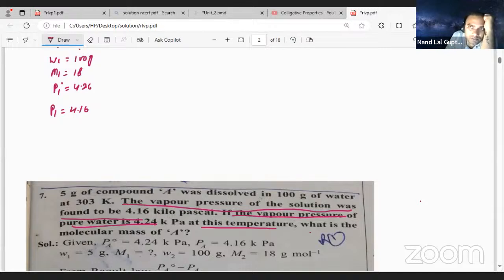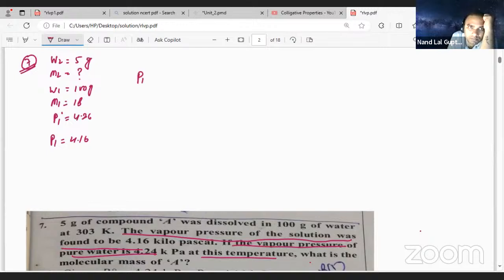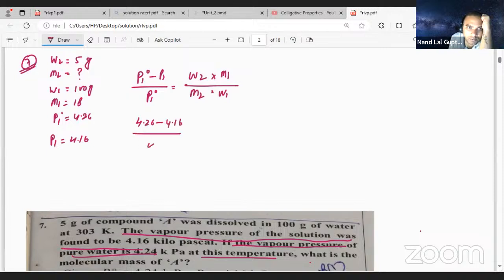So what we can do here to solve this problem? Very simple now. P1 naught minus P1 upon P1 naught is equal to W2 upon M2 multiply by M1 upon W1. So what will be there? 4.26 minus 4.16 divided by 4.26 equal to W2 5, M1 18, M2 they are asking, W1 is 100.